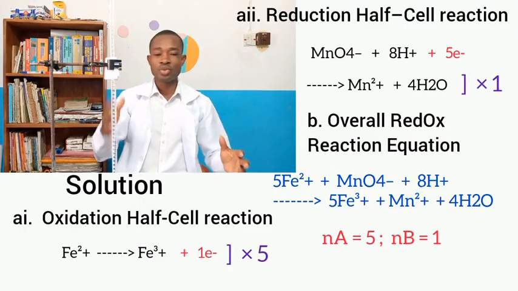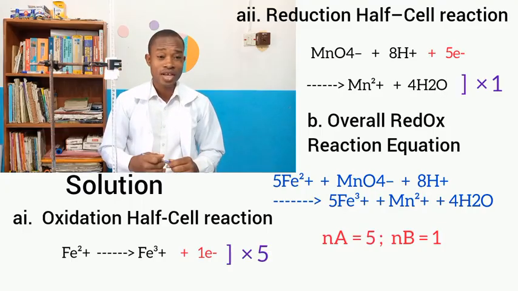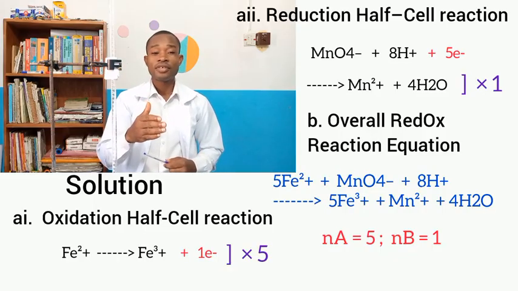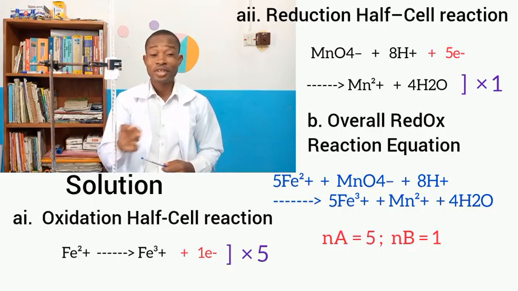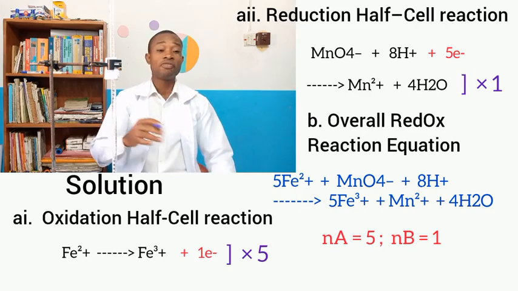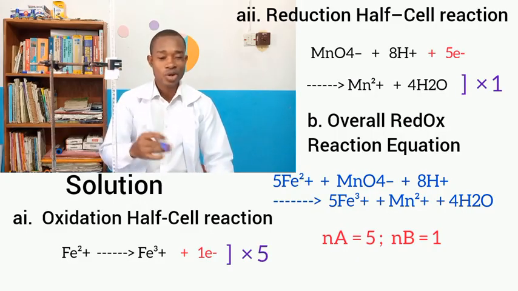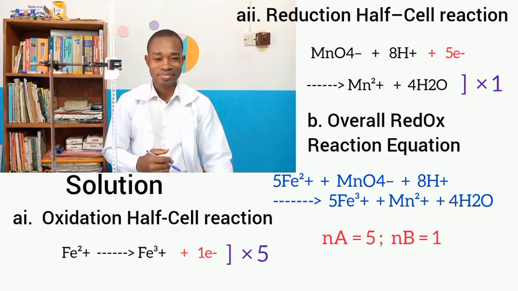Which means that the mole ratio in which the reactants combined during the redox titration reaction process is actually 5:1. You know, we need that, especially because of the formula CAVA over CBVB equals NA over NB.